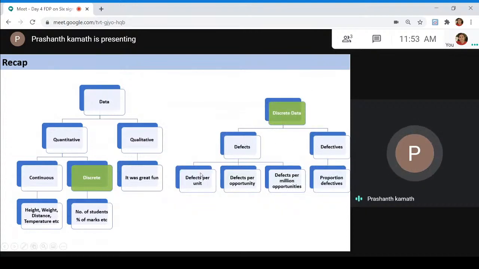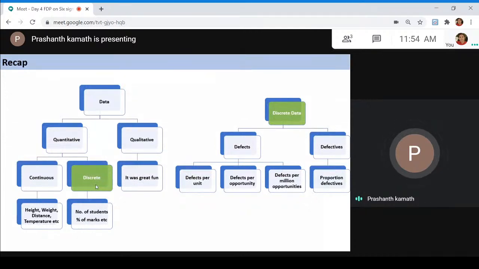In defects, we covered defective cups, defects per unit in opportunity sigma project.